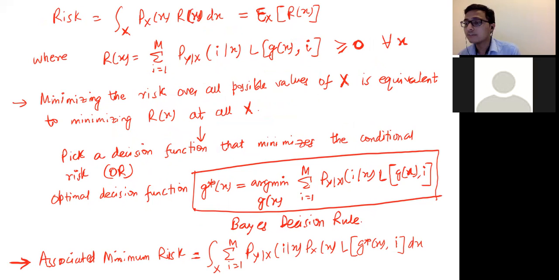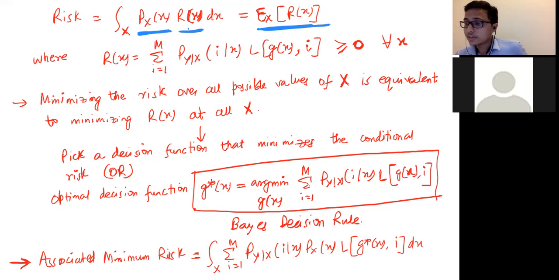So as you can see, we have written down our total risk, which was the expected value of the loss function, as the integral over the probability of observations times the conditional risk, which can be written as the expected value of the conditional risk function.